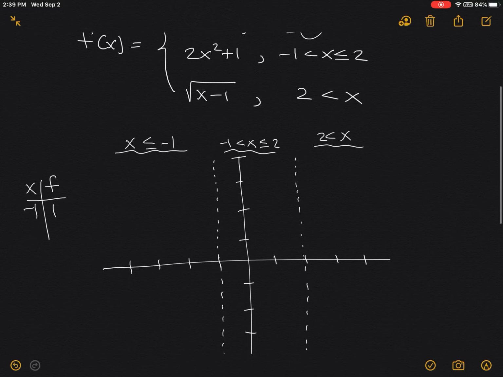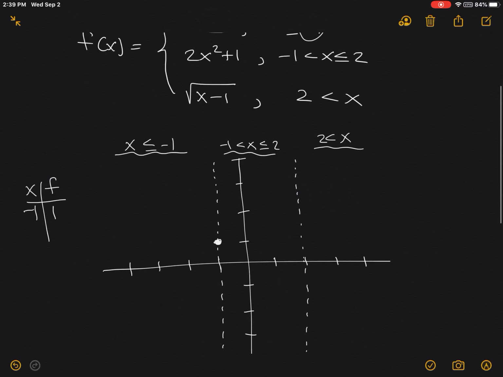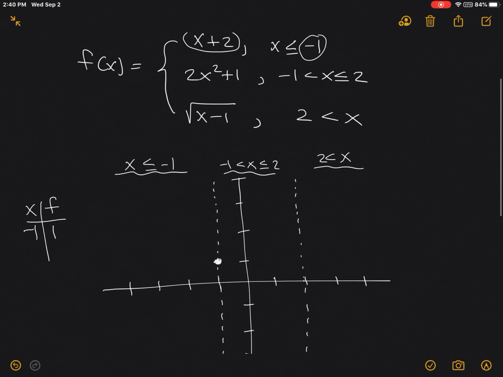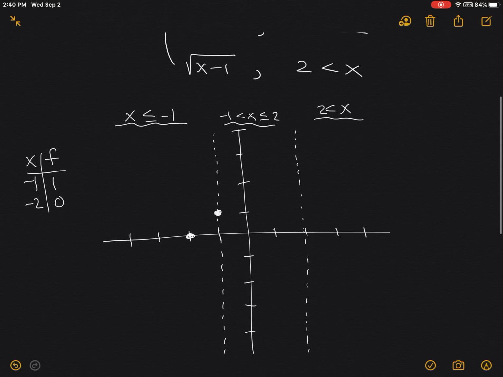So at -1, comma 1, it's exactly on the vertical line. Because there's an equal sign, I'm going to draw a closed circle over here. Now, I don't want to plug in points to the right, because that's no longer a line. So maybe plug in -2. -2 plus 2 is 0. And there is your second coordinate, -2 comma 0. And then you connect.